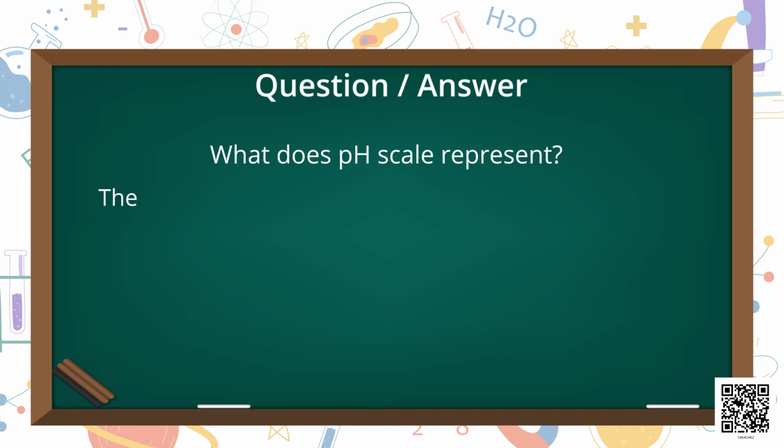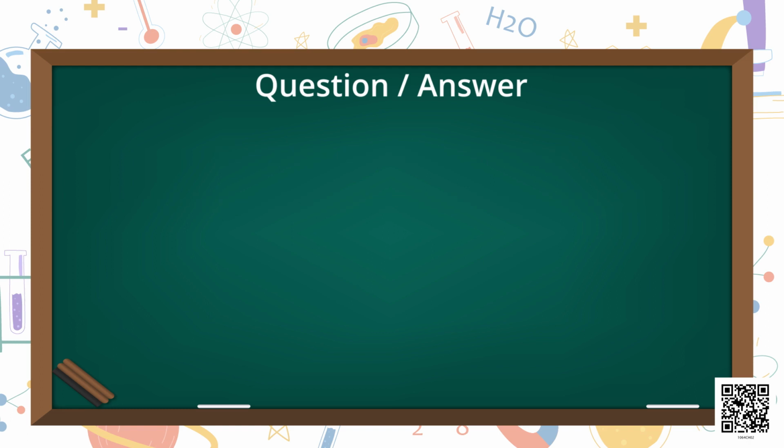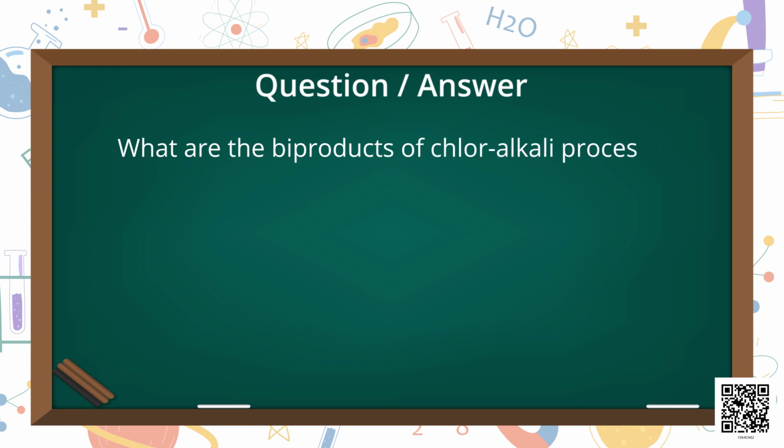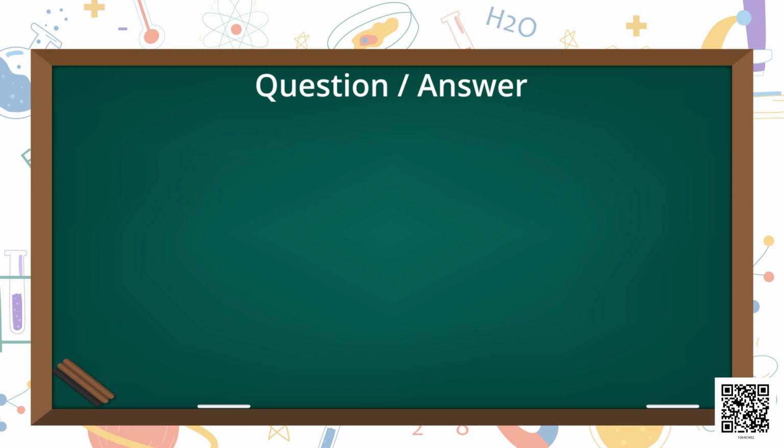The pH scale represents the strength of acids and bases. Your next question, what are the byproducts of the chloralkali process? The correct answer is sodium hydroxide, hydrogen gas, and chlorine gas.